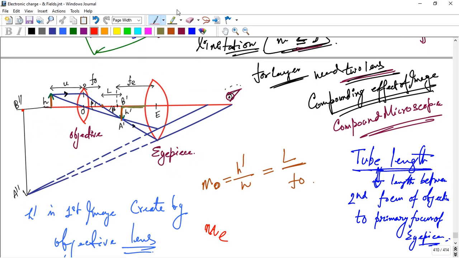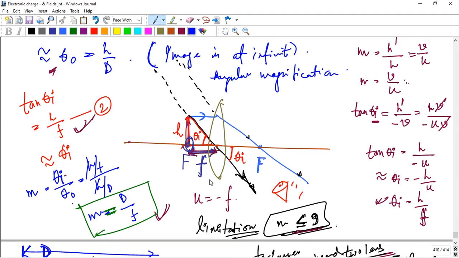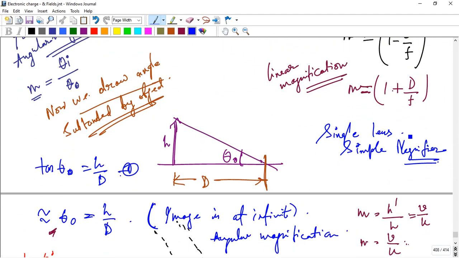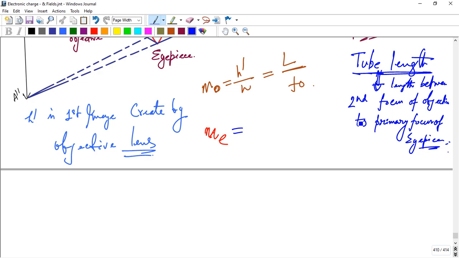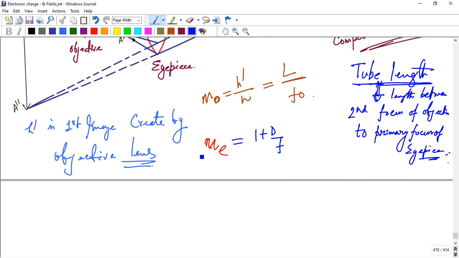The distance from the second image to the eyepiece lens is called D. So the magnification formula is M equal to 1 plus D by F. The first image is obviously inverted, and the eyepiece also creates an inverted image.